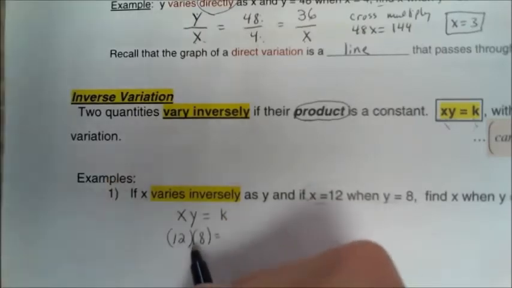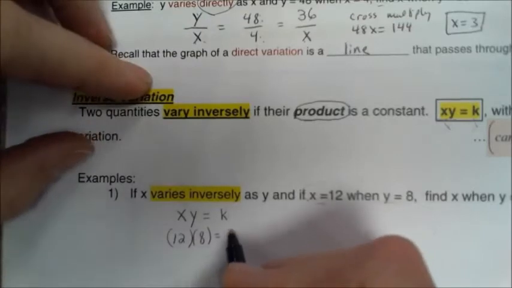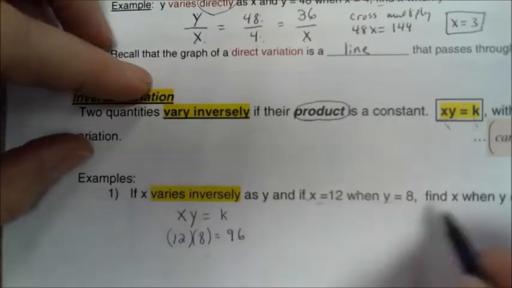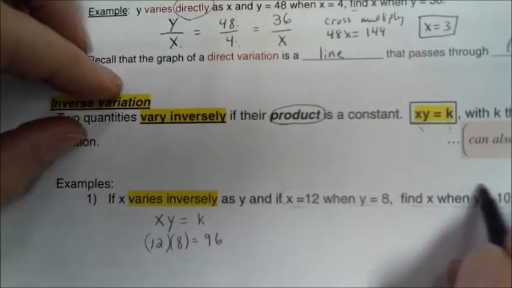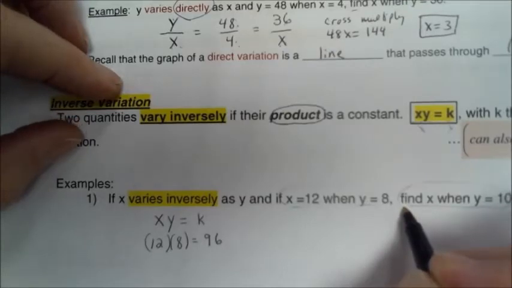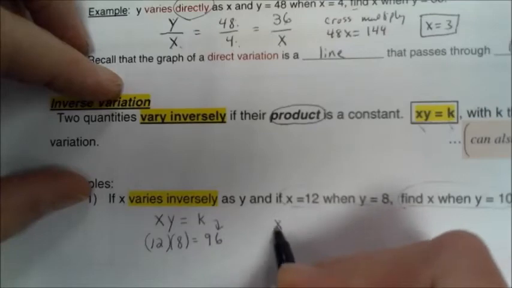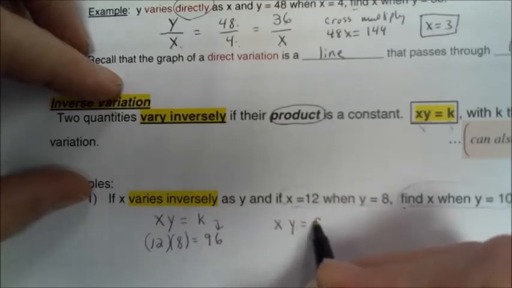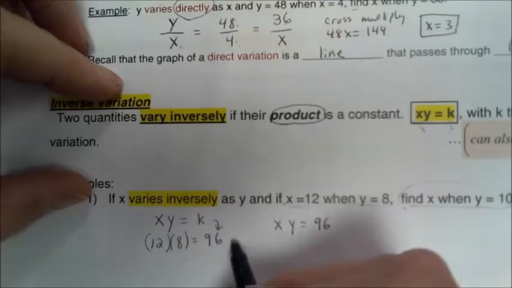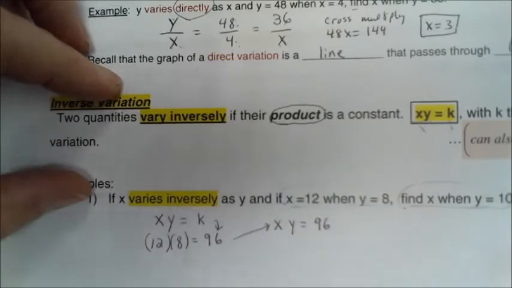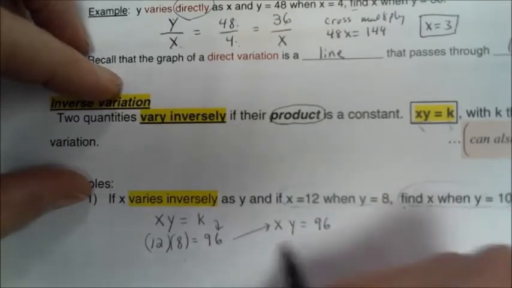Well, what's k? 12 times 8 is 96. So now we have to find x when y is equal to 10. Since k is 96, you just say x times y is always equal to 96 in this problem.